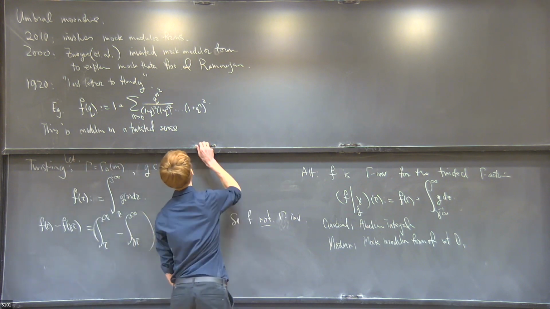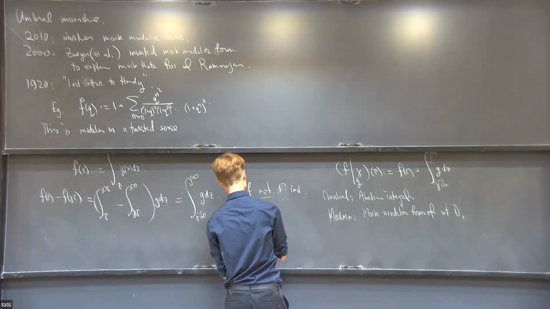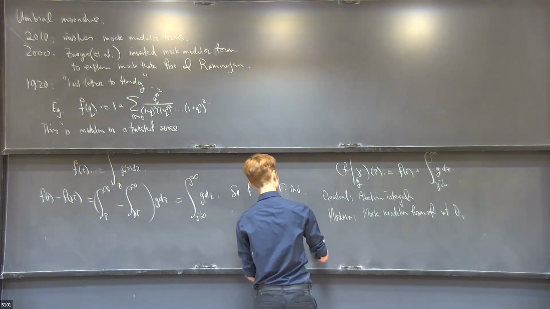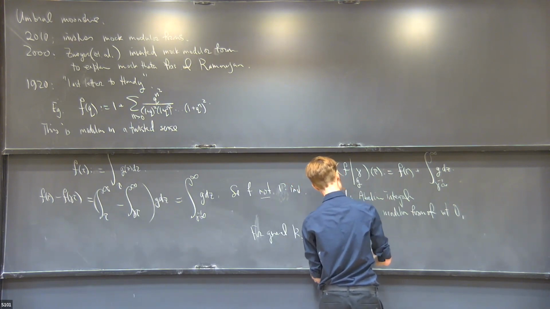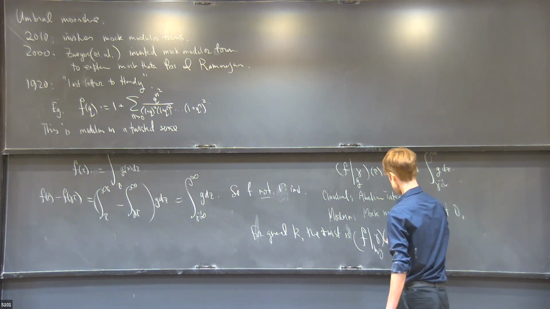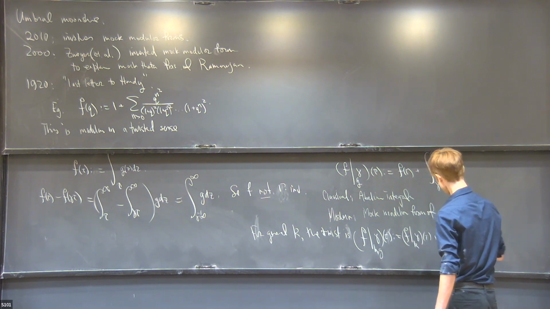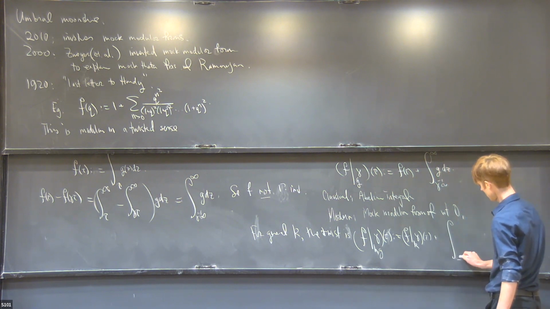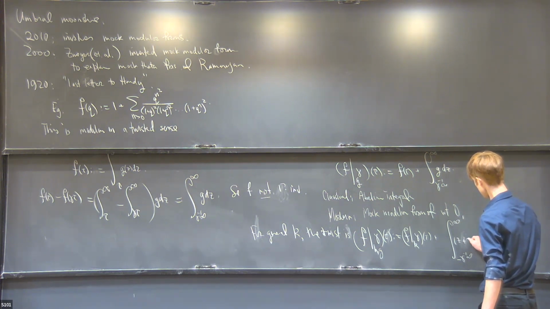Well, let me just write it down. So in general, for general weight k, the twist is F slash, say, the weight k operator twisted by gamma, where tau is the usual action plus this integral, negative e plus tau minus k.